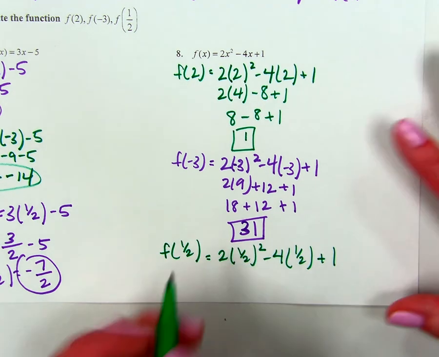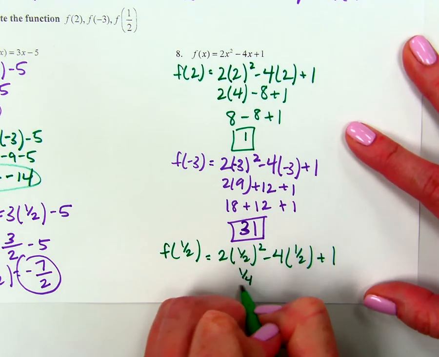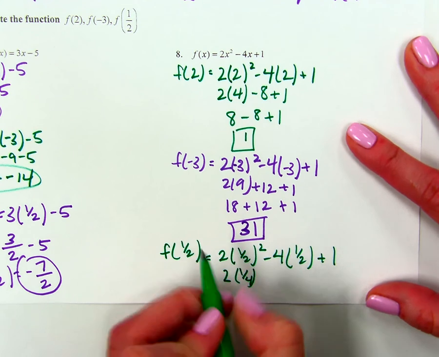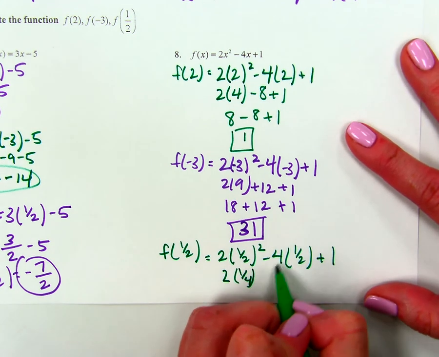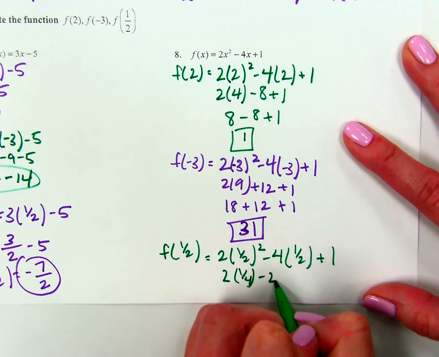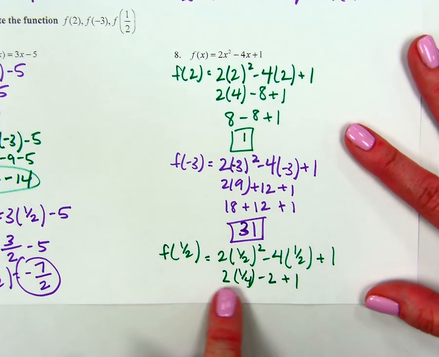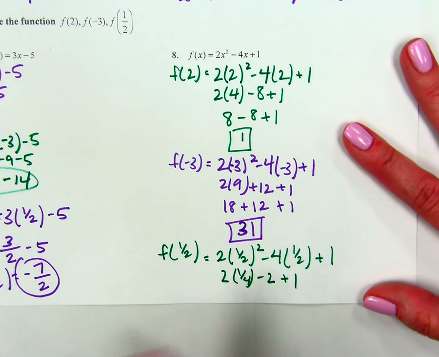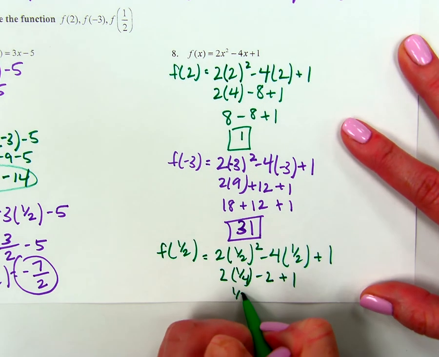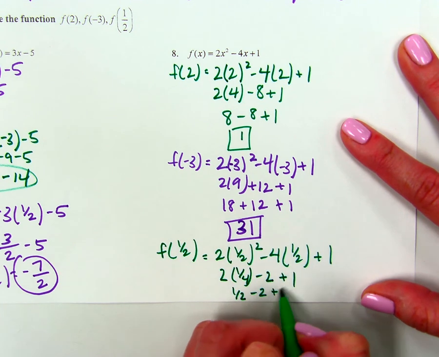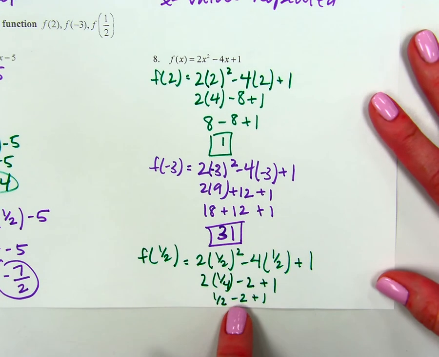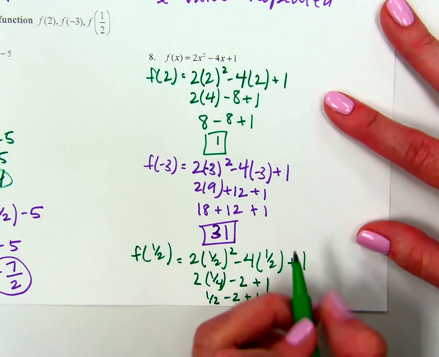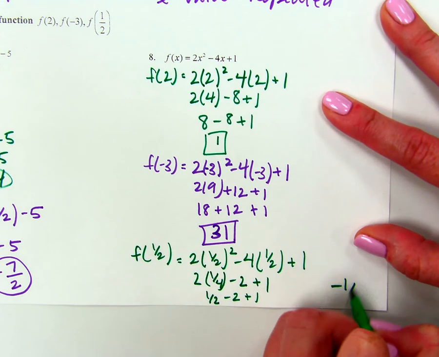So 1/2 squared becomes 1/4. So we now have 2 times 1/4 minus 4 times 1/2 becomes negative 2 plus 1. So 2 times 1/4 gives me 1/2 minus 2 plus 1. So my final answer comes out to negative 1/2.